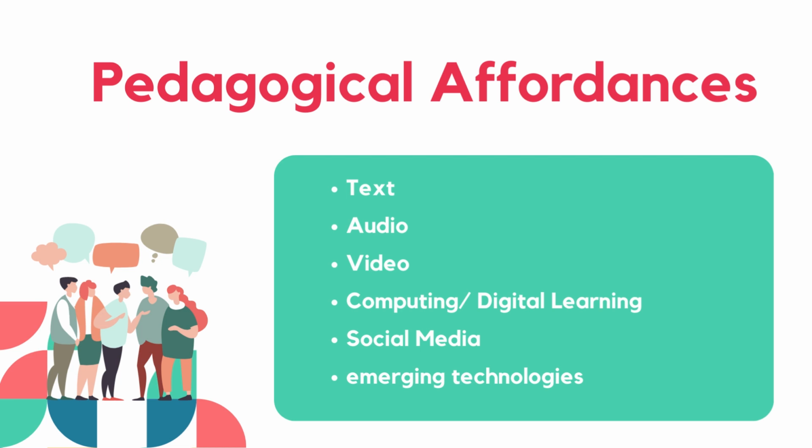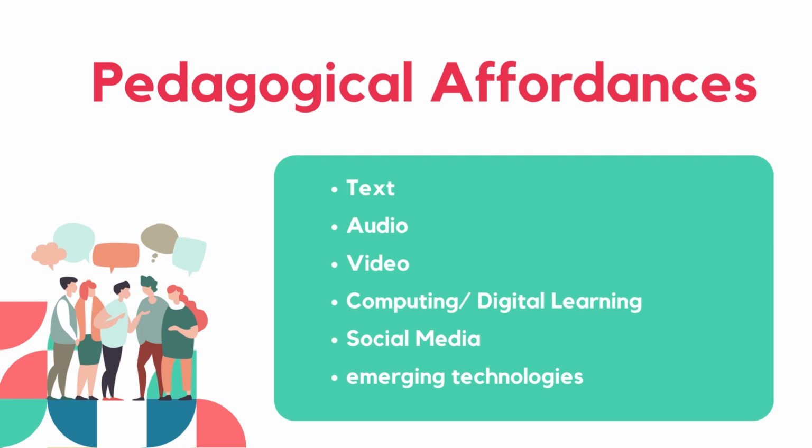Also, while touching on that, the pathological affordances go through text, audio, video, computing and digital learning, social media, and emerging technologies. And within these, text obviously would be the words you see on the screen. The audio would be the audio that you are using.